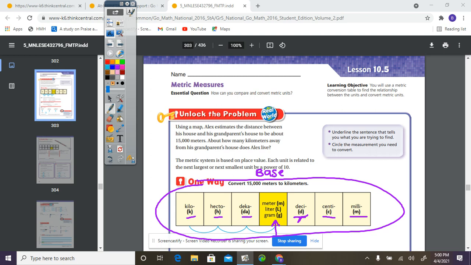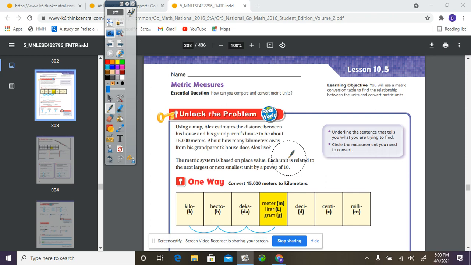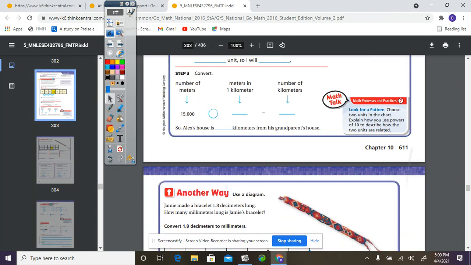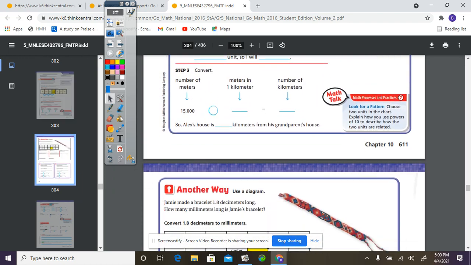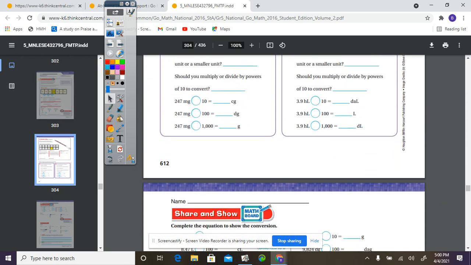So we really have to pay attention to which one they start off with, and then that will help us know where to start and where to end, okay? I know that might sound a little complicated, but when we are doing problems together, this will make more sense. So that chart's on page 611. Okay, we're going to skip over this a little bit.